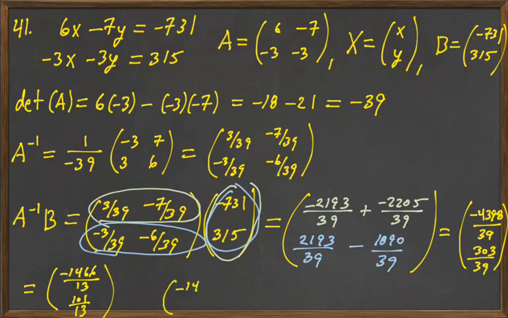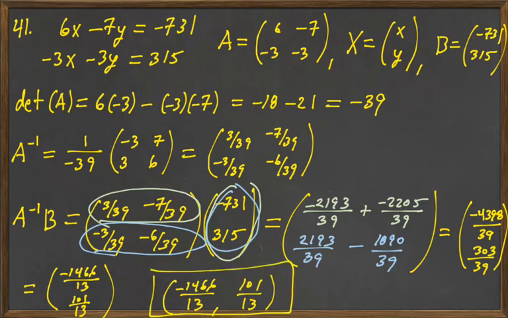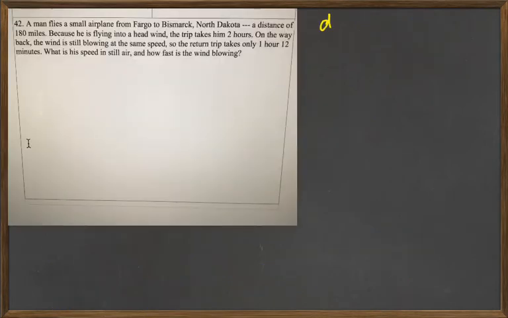And as an ordered pair, that'd be negative 1,466 over 13, and then 101 over 13. Okay, pardon me. So again, not the nicest numbers, but if we keep that common denominator, it does make things a little bit easier. So I think we're going to look at an application or two, and then we'll look at what happens if we try to do the inverse matrix method with a larger matrix.